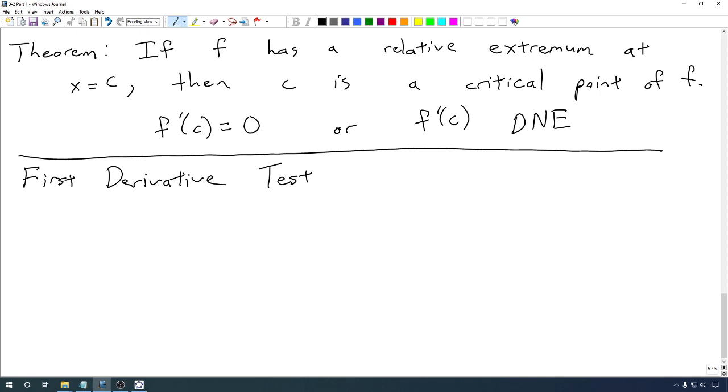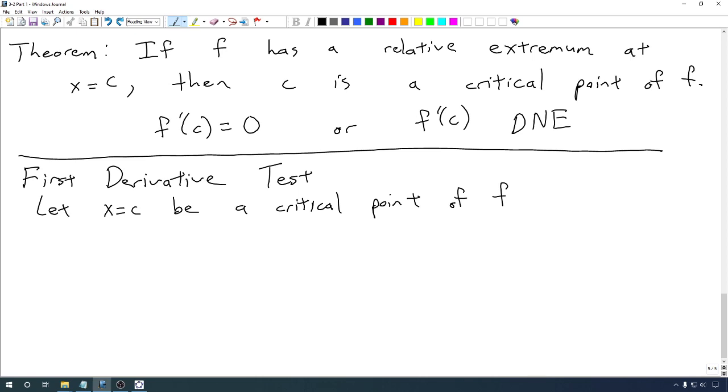And this is less of a theorem and more of just interpreting our charts. So here we're going to say, let x equals c be a critical point of f, where we're going to be assuming that f is differentiable around c.